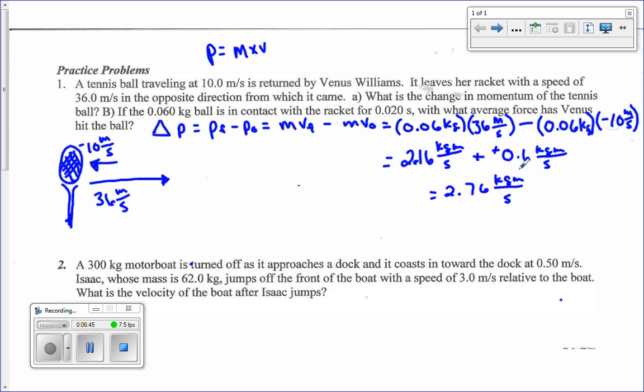And that is our change in momentum of the tennis ball. So that answers part A. What is the change in momentum of the tennis ball?